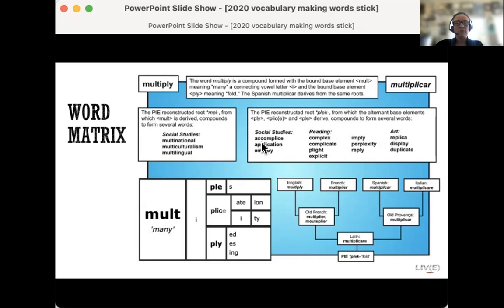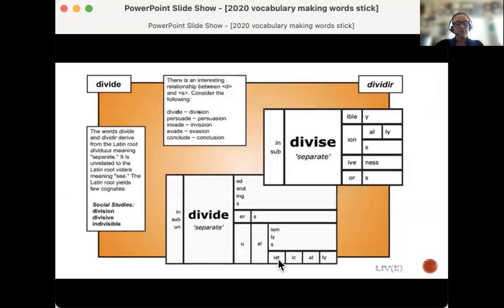They're even going further and relating it to other words. Obvious ones would be multinational, multiculturalism, multilingual, but then they go into further word study here, which might not be specifically relevant to you. You might not want to do that really deep dive into some vocabulary, but certainly you can make something simple like that, where you have your words interrelated in a nice, quick visual.